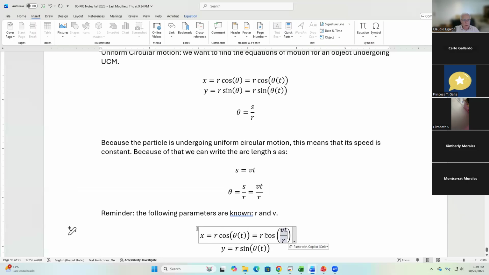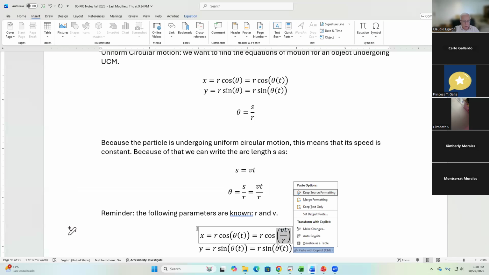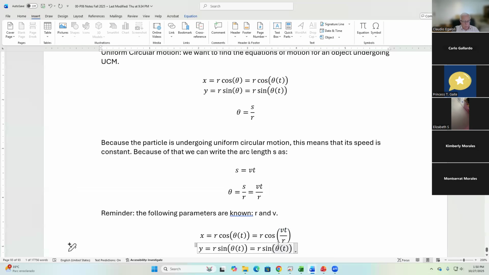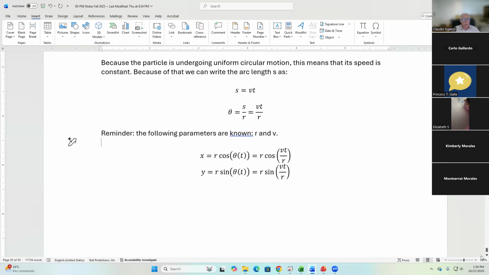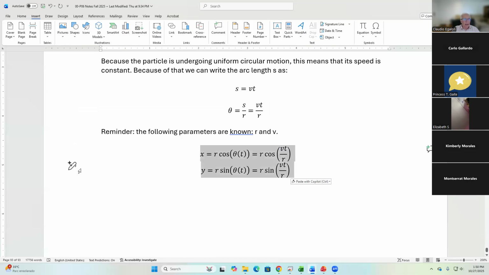Yeah, okay, good. And now, okay, here you go. And now we have this, our first set of equations for the position, right?